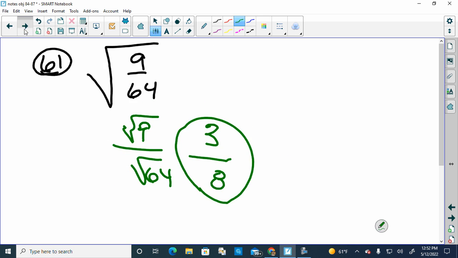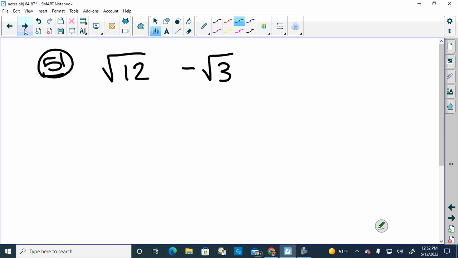So keep that in mind. Radicals are like x's. The radicals have to be exactly the same in order for you to add and subtract the numbers in front. All right, this one's broken down. We can't break that one down, so that's simplified. But I've got to simplify this one.